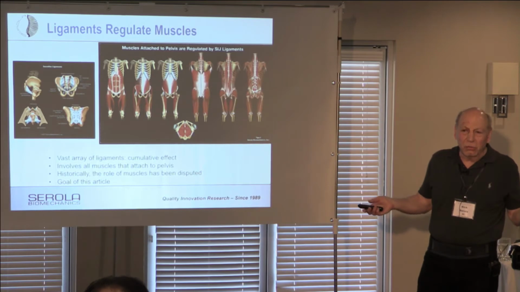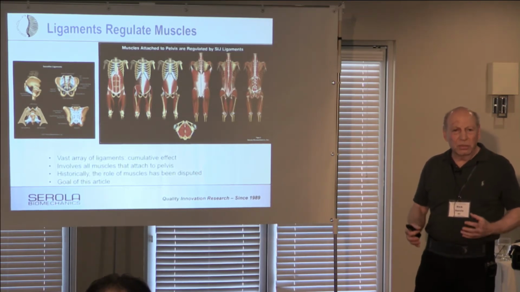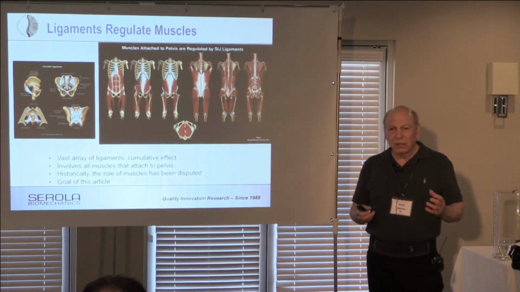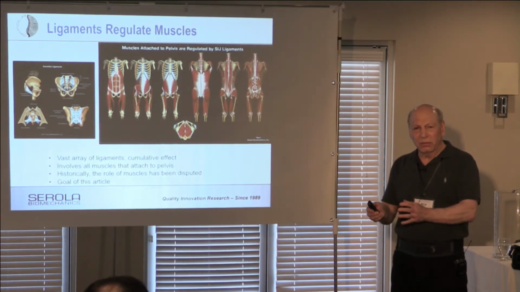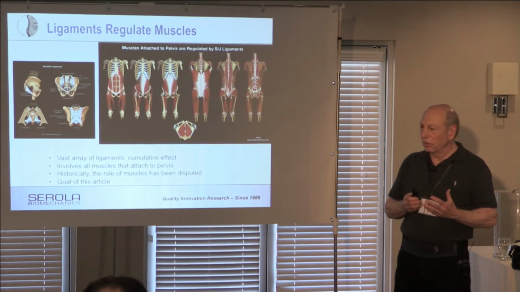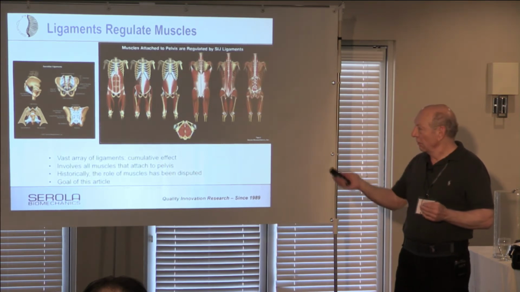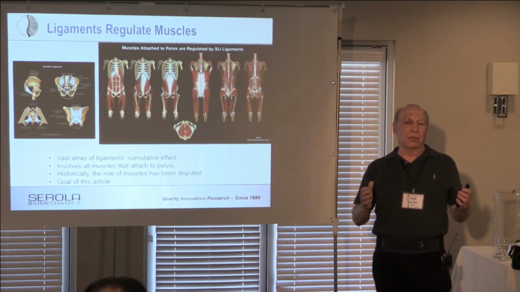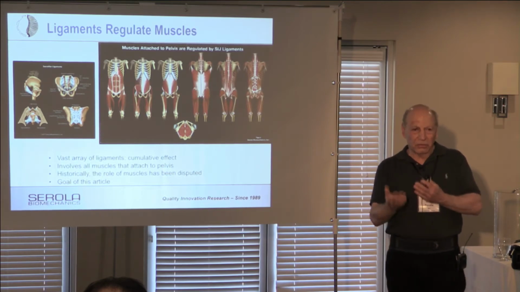So what they thought was that the muscles used the pelvis as an anchor to move the spine, the trunk, and the extremities. Even after they proved that, there's still today anatomy books, most of them don't mention the movement of the SI joint by the muscles. They may show that it extends the pelvis, but they never show the relationship between the pelvis and the sacrum.